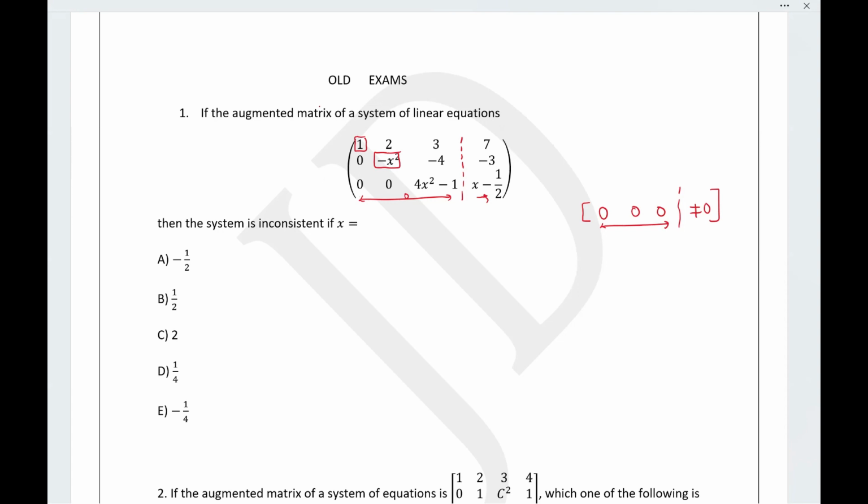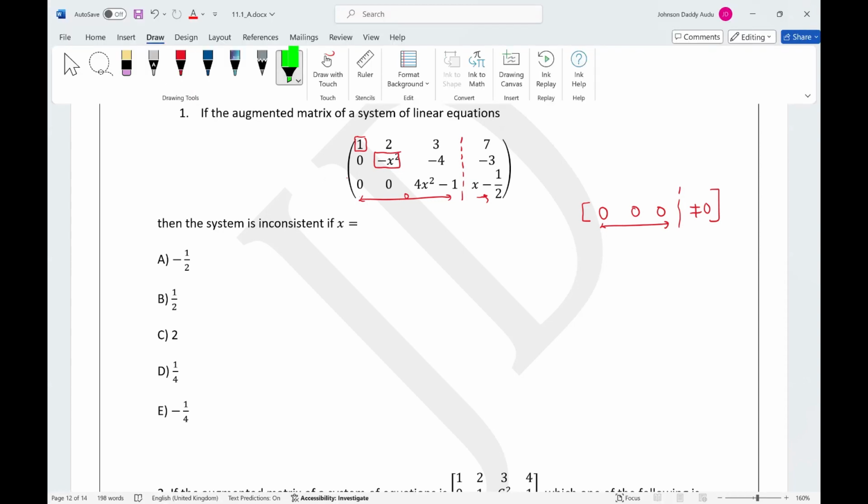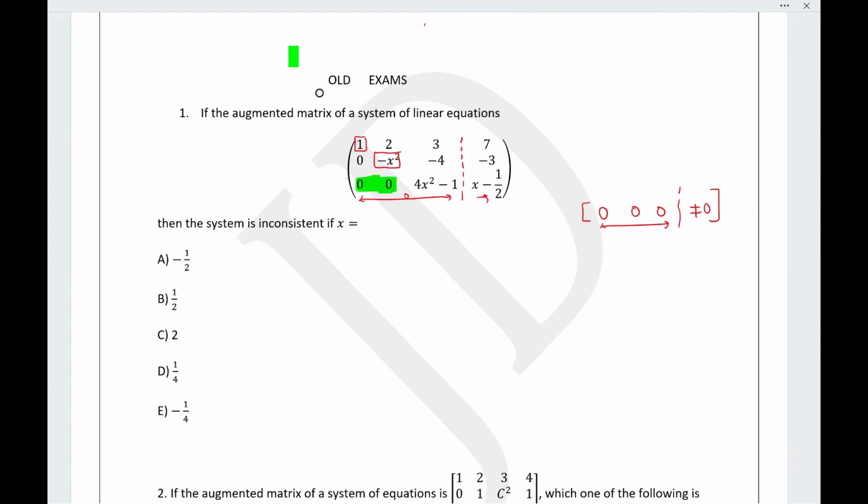But if you look at the last row, it already makes sense. The last row is already 0. You can see the last row is 0, 0, and what? So we need to know that this has to be 0.